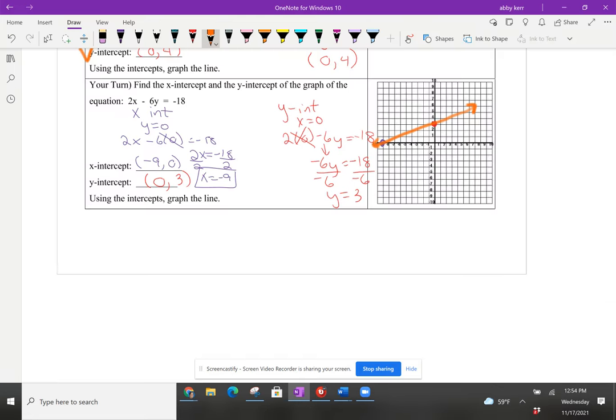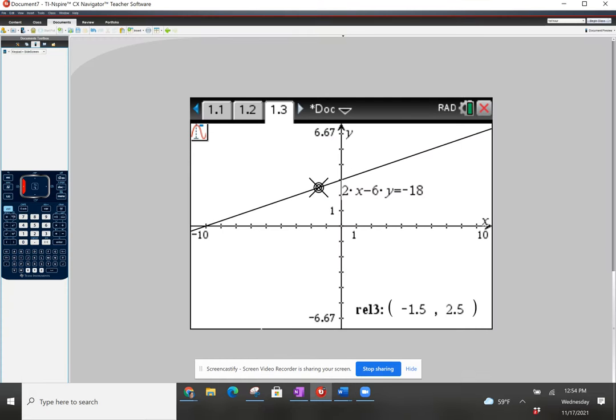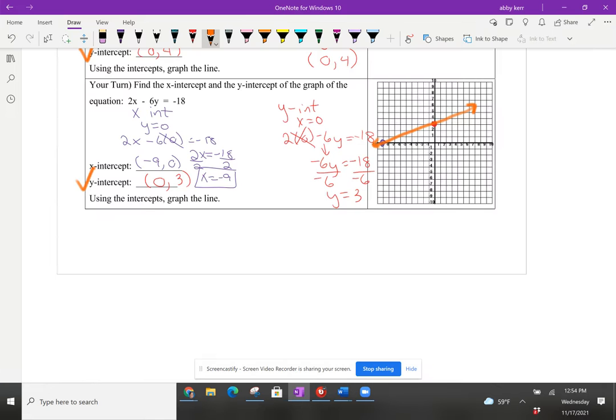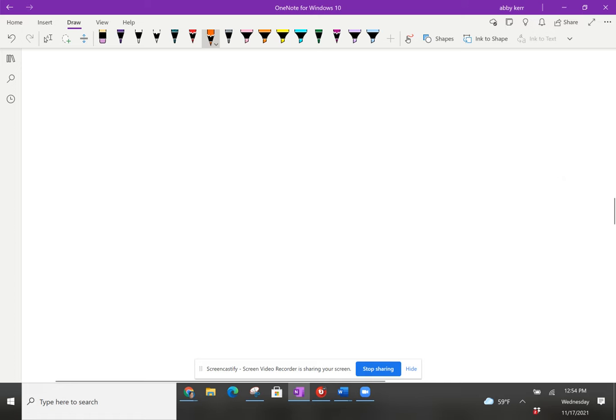So 0, 3. Yes, I got that. I'm going to scroll to the left again, all the way down to my x, which is negative 9, 0, which is correct. So that's my expectations for just graphing.